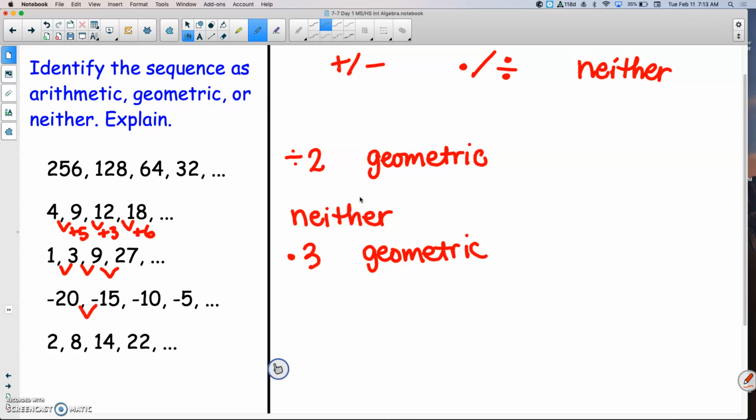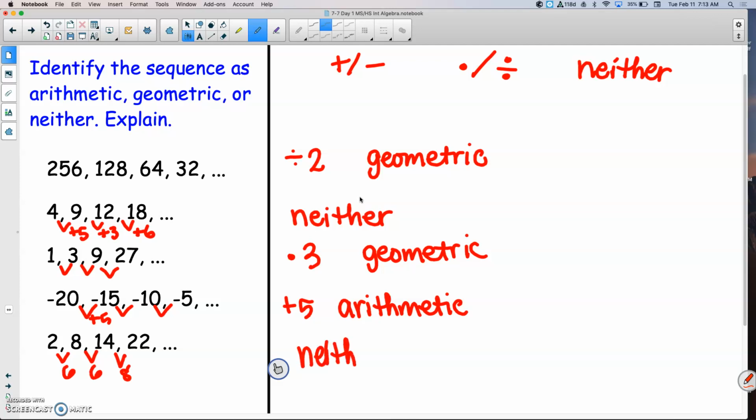And the next one is going by 5s, and it's going up 5 each time, so that one's arithmetic. And then the last one goes up 6, but then it goes up 8, so that's neither again.